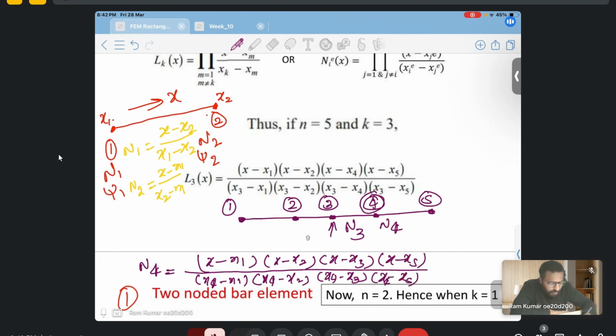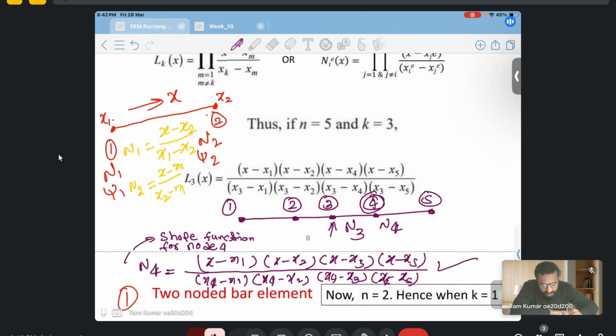So like this we can write the shape function for node number 4.